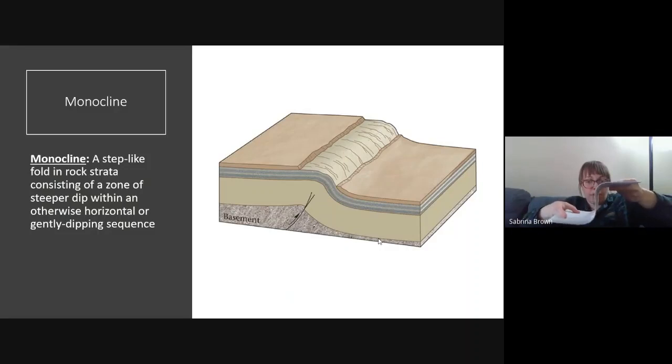In the middle, we have our hinge, and it's called a monocline because it's just one step. And so here in this diagram, we have our hinge line here. And then we have one limb and then the other limb. So a monocline just kind of looks like a step with a hinge line, relatively flat otherwise.